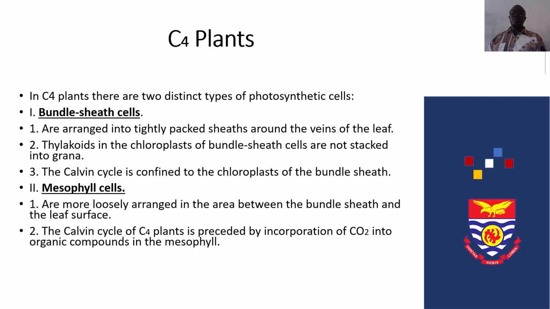Thylakoids in the chloroplast of bundle sheath cells are not stacked into grana. The Calvin cycle is confined to the chloroplast of the bundle sheath. Mesophyll cells are more loosely arranged in the area between the bundle sheath and the leaf surface. The Calvin cycle of C4 plants is preceded by incorporation of carbon dioxide into organic compounds in the mesophyll.